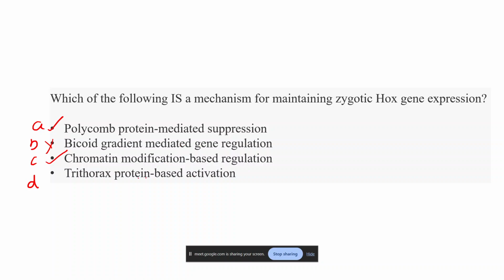Trithorax protein based activation, yes, this is also correct. It keeps Hox genes on in the domains where they were first activated, and it works via H3K4 methylation and nucleosome remodeling, that is SWI/SNF remodeling.